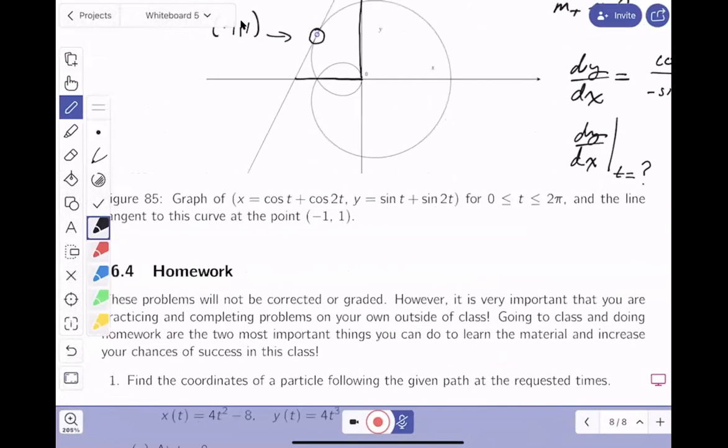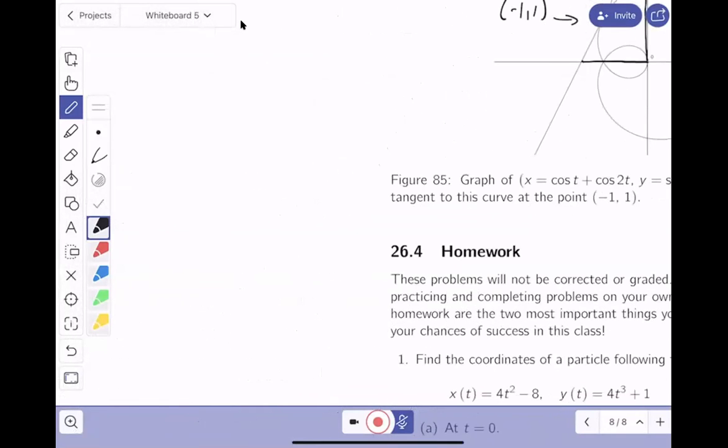Let me go back over here. I'm going to go back to my pre-calc skills. I know the x is minus 1. And I know the y is 1.